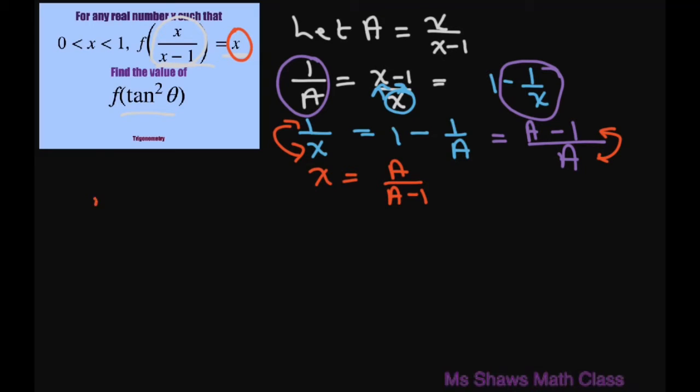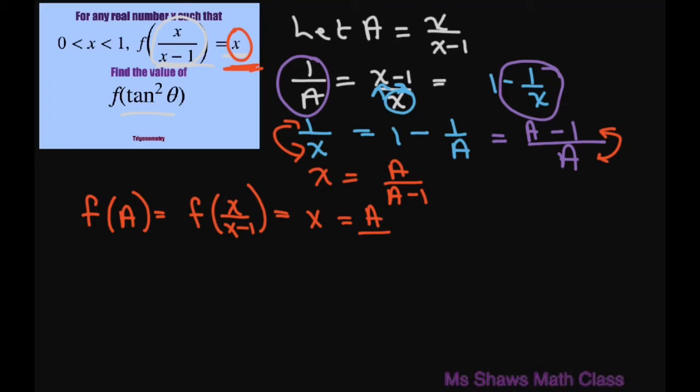So if I look at f of a, that's going to be f of x divided by x minus 1, and that equals our x here, and x equals a divided by a minus 1.